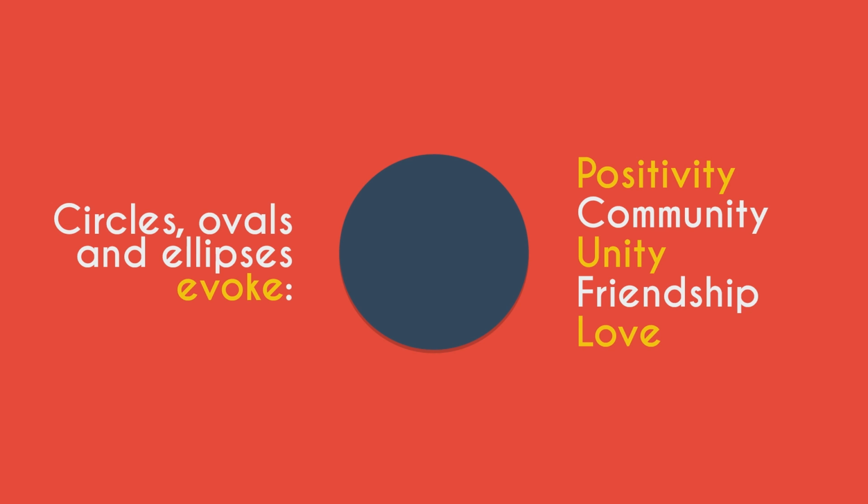Now, you can see here on a high contrast background, for example, our blue circle on the red background, naturally, you find your eye moving around it. Now, as a Western audience, you read from left to right.